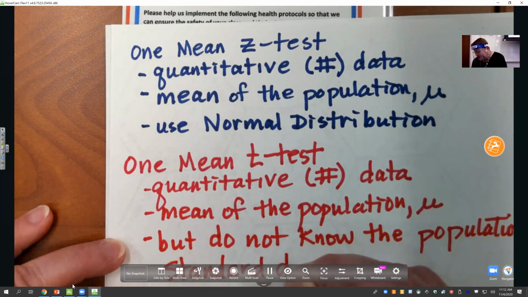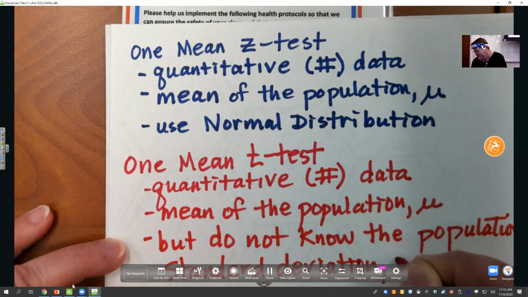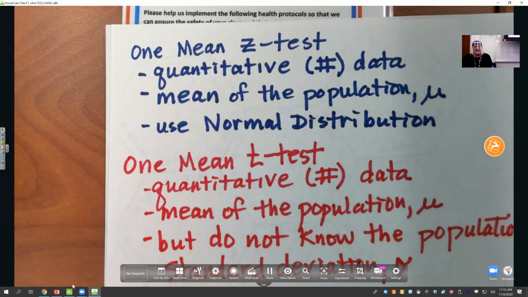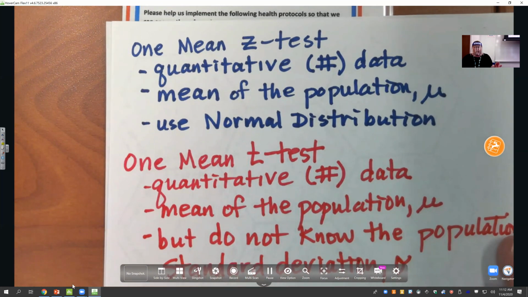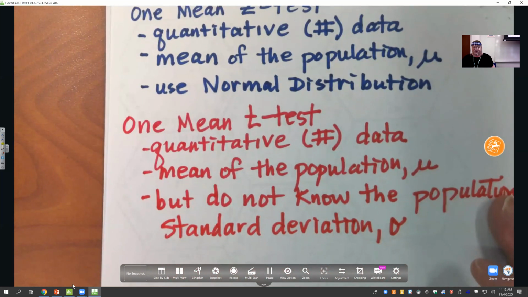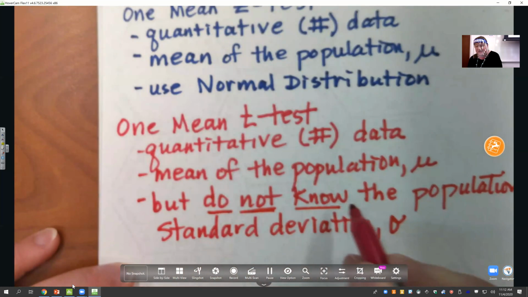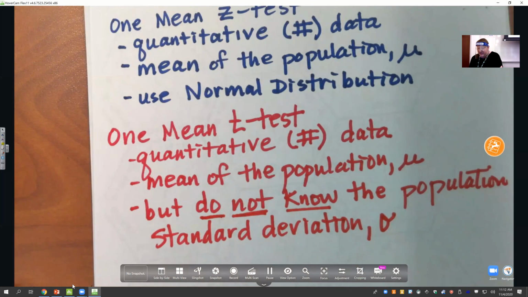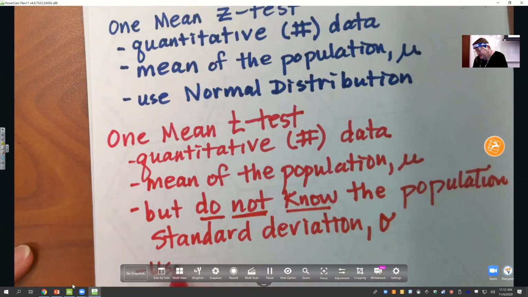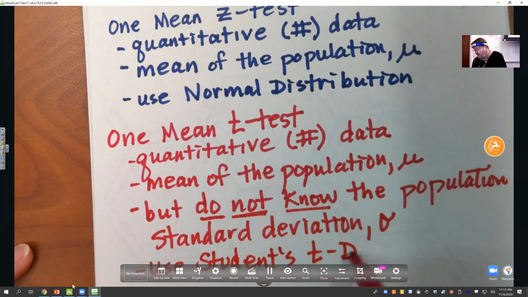Remember, that's the difference as you get ready to take your Module 3 exam. That's the difference between the two. Z, you know the population standard deviation. With T, you don't. And we use the student's T distribution.